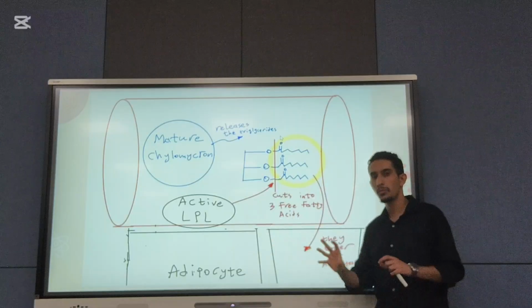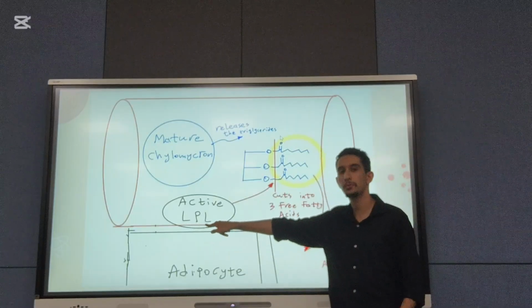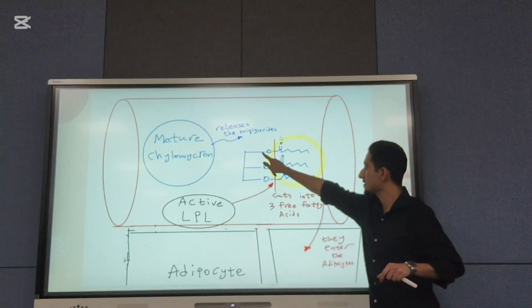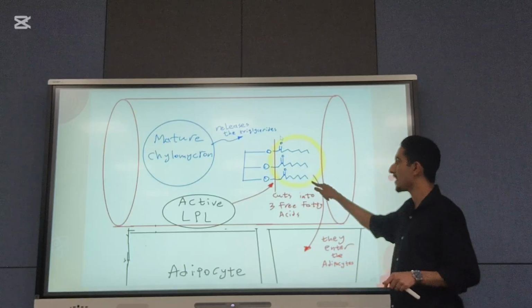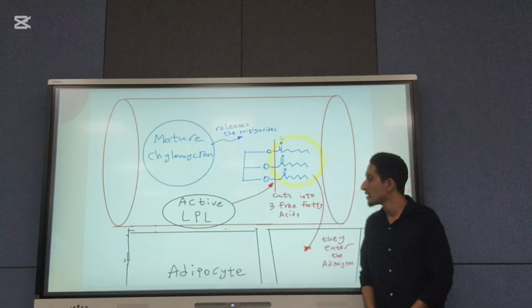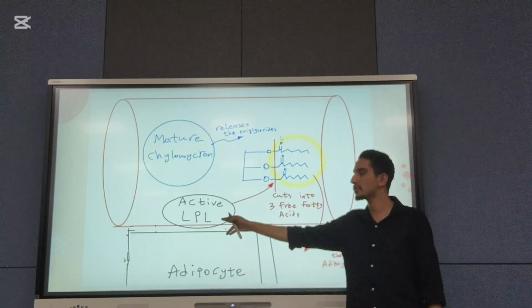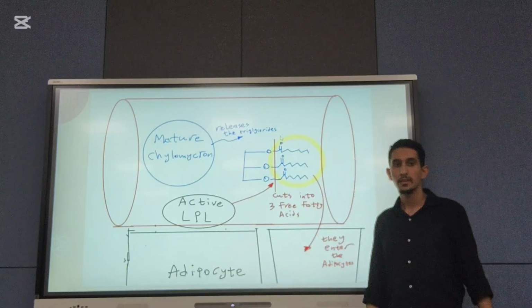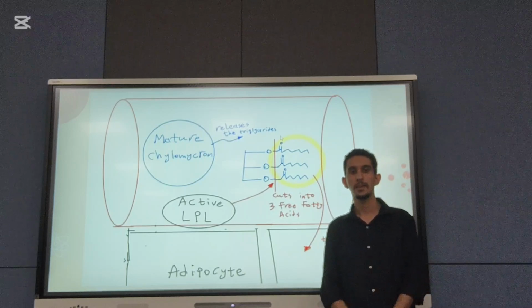So what structure will do this? Something called LPL, lipoprotein lipase. It will break down this triglyceride. This is the first fatty acid, second and third fatty acid. But there is something we forgot about. Lipoprotein lipase will never be active except if there is an apoprotein that activates it.